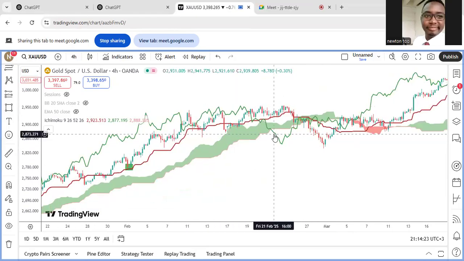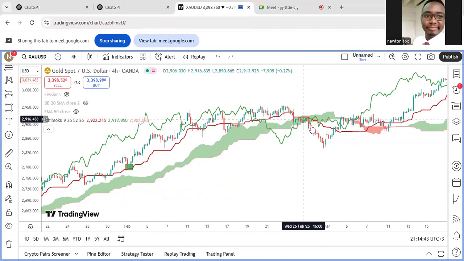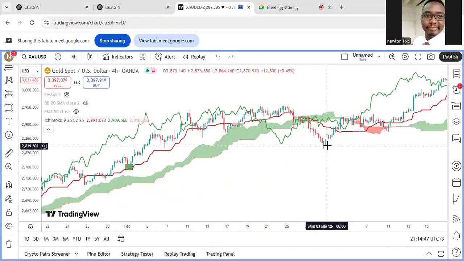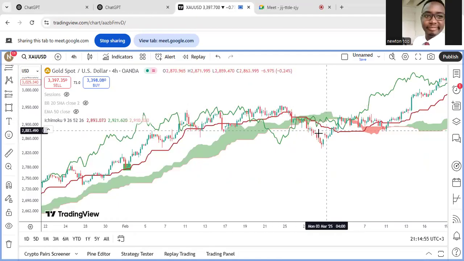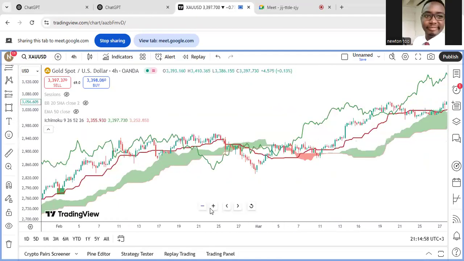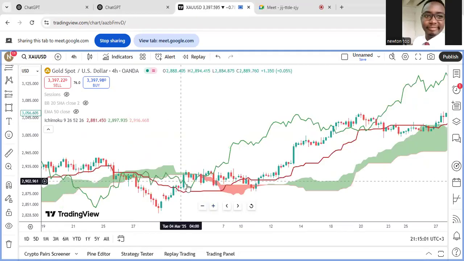So the moment the market breaks below the cloud, you see the market breaks the cloud too, it kind of goes the same way as the cloud, just crossing. You see here, for example, or you can also use the crossover. You see it just crossed here, so there is no trade you entered here. Here you wait for the lagging span, you wait until it breaks above the cloud.